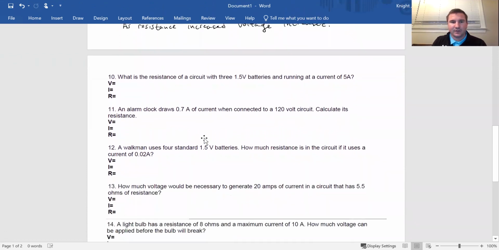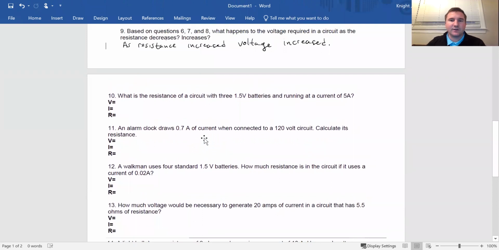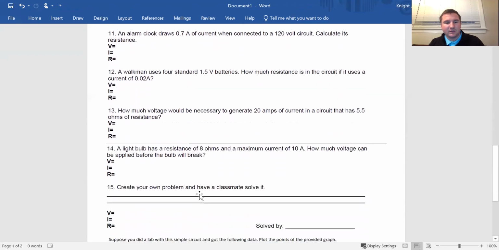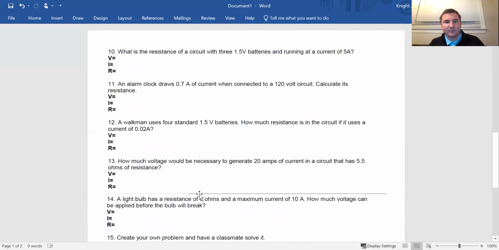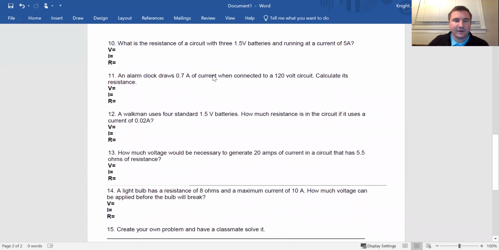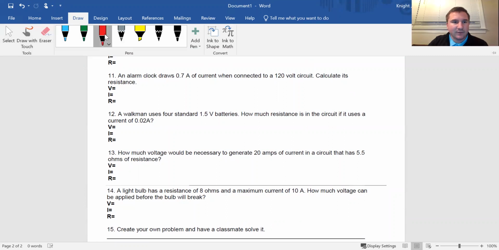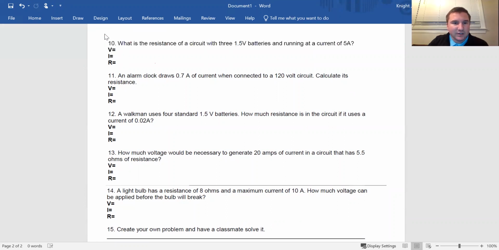So as resistance increased, voltage increased. 10, 11, 12, 13. How many we got? 14. All right. So 4 left here, 5 left here. Let's check these out. This time, our question is, what is the resistance?